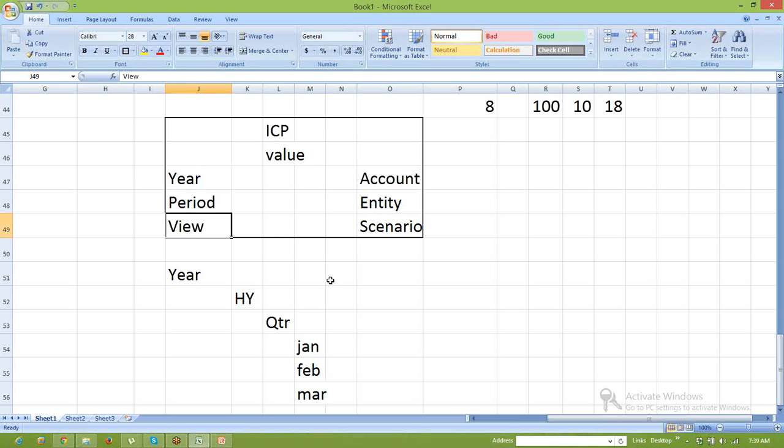The view dimension is simply how you are representing your data, whether it is year to date, quarter to date, half year to date, or periodic. The representation of data is done by using the view dimension: HYTD, year to date, QTD, or periodic.